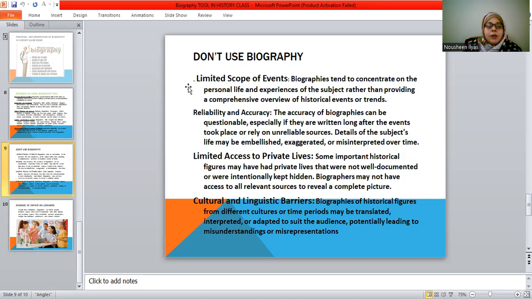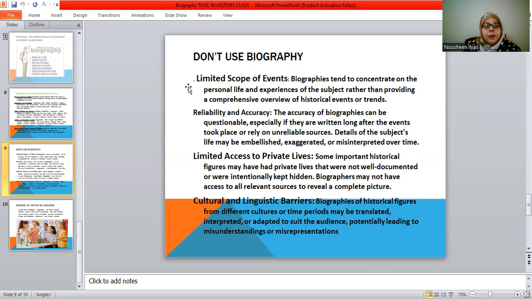Reliability and accuracy. Don't use biography on a topic which was written after a long time, because at that time the accuracy of biography can be questionable, especially when it is written long after the event took place, or from a really unreliable source.